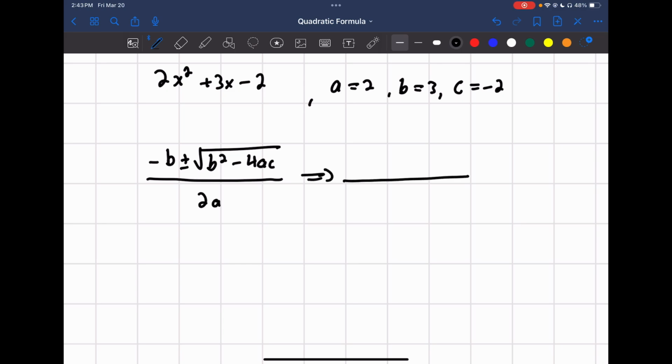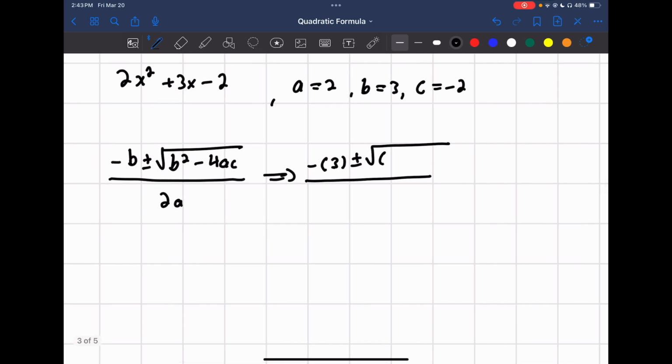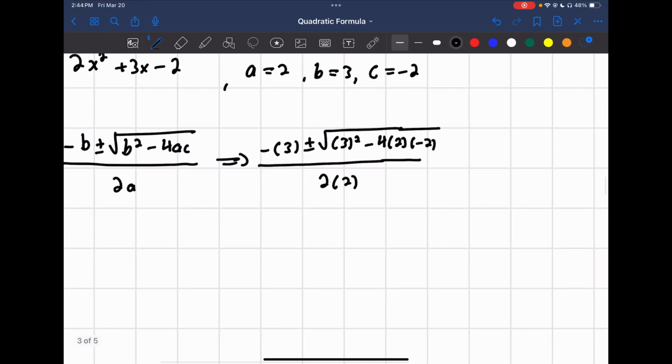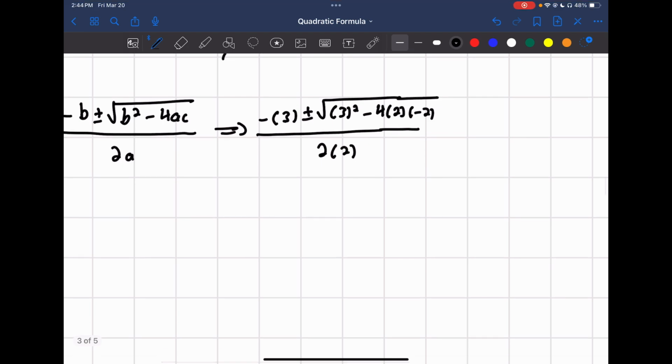So we have minus b, which is 3, plus or minus the square root of b squared, so 3 squared, minus 4, a is 2, and c is negative 2, and then 2a, so 2 times 2. And now let's just solve for this.